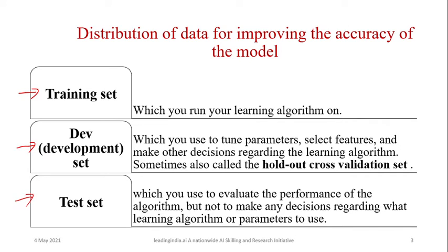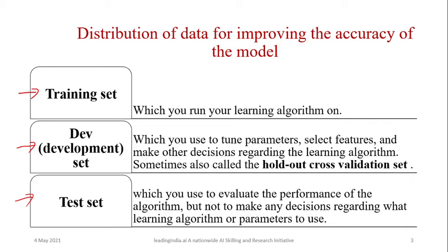Now what is the role of the development set? Let's think on that. You have trained your model with the training data. Now you want to check whether your model is a good model or not. You want to check the quality of the model. Then you will use the development set.